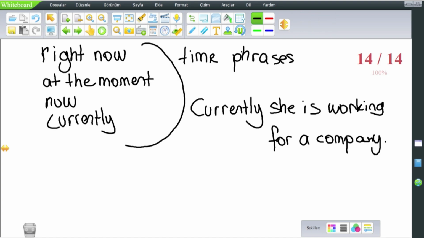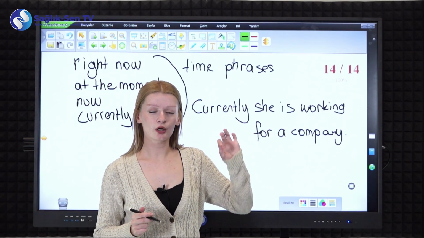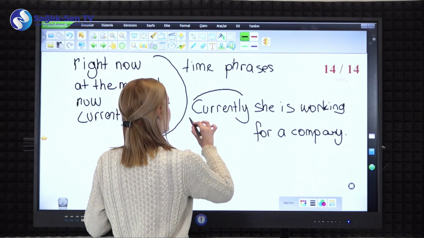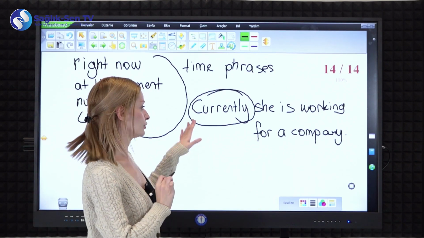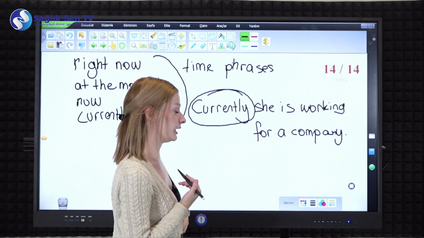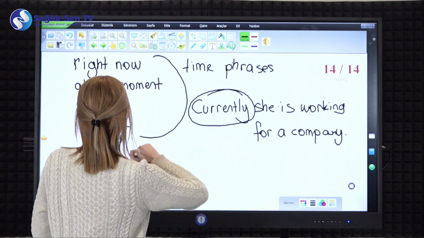What we understand from this sentence is that this job is not her permanent job. This is something that is happening currently. Kısa sürecek bir şeyden bahsediyoruz, geçici bir eylemden. O yüzden present continuous kullandım.